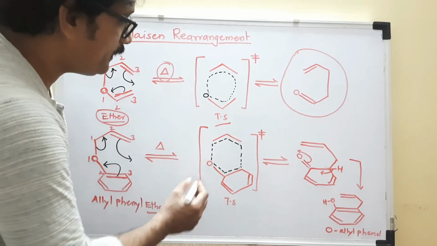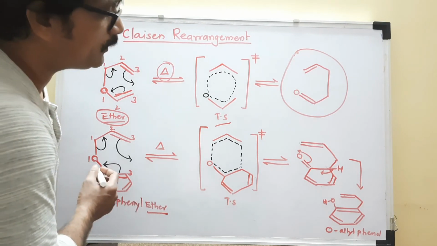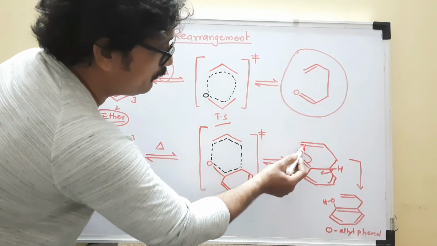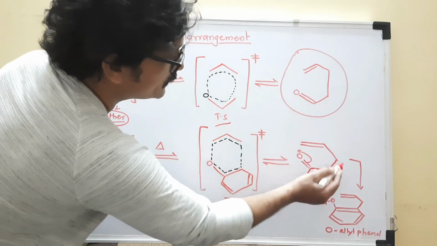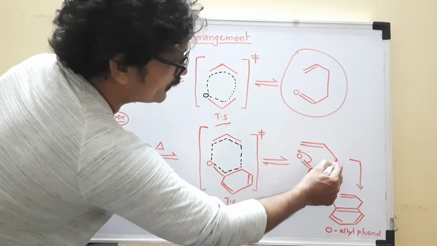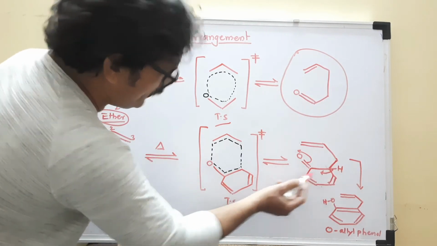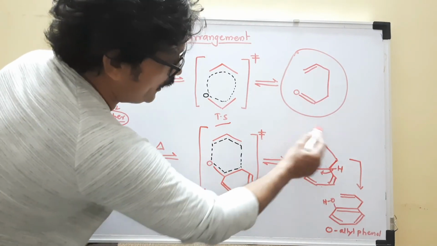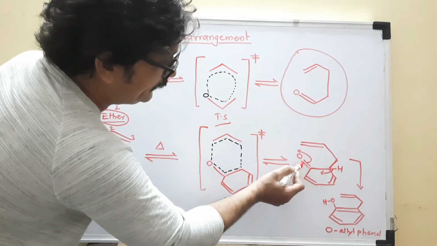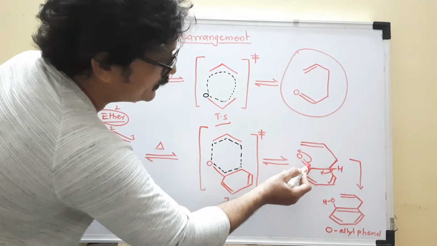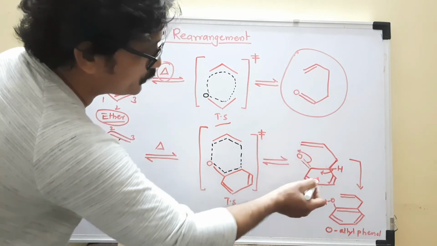Now if I show the complete movement of bonds, I get a double bond which is shifted here. This 3-3 bond, this is 3 and this is 3. This bond is formed, and I have taken a pi bond from the benzene ring. So aromaticity is totally disturbed. That bond I move here outside the ring in between oxygen and carbon. So I got actually a ketone.